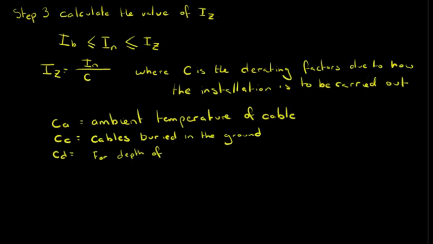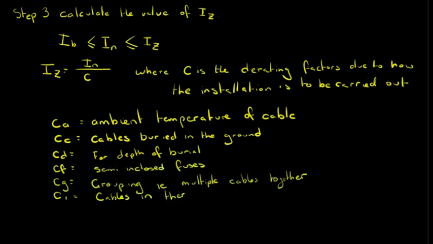The deeper the cable, the warmer the earth. CF is your derating factor for a semi-enclosed fuse, and excuse that spelling mistake there. CG is the grouping factor, and CI, cables and thermal insulation. And lastly we've got CS, which is your thermal resistivity of soil.